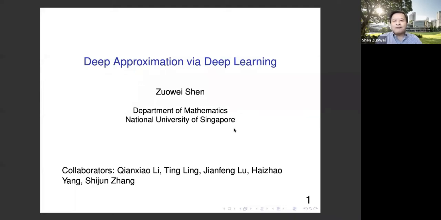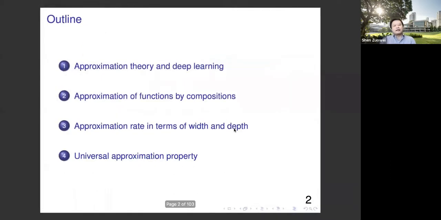In fact, I believe we need to develop a new theory for this area. So I will start with a simple and brief introduction about approximation theory, even the classical approximation theory, then lead to what kind of approximation theory we need for deep learning.